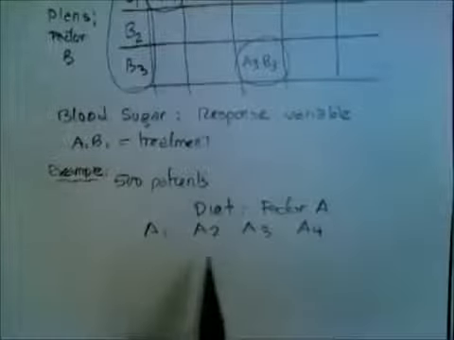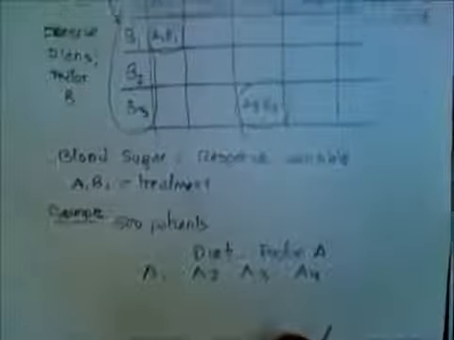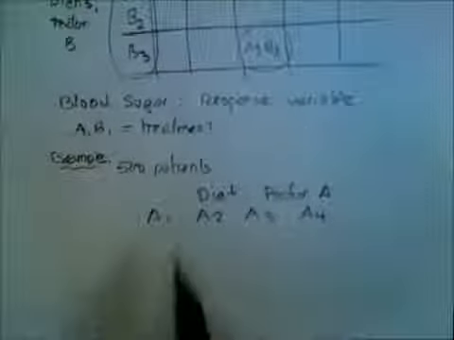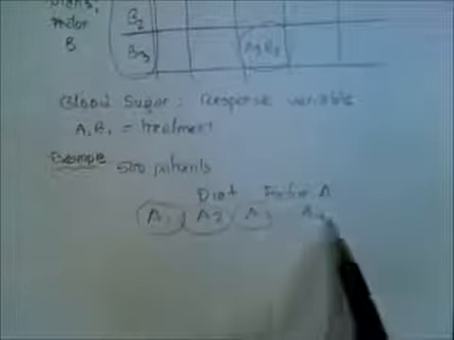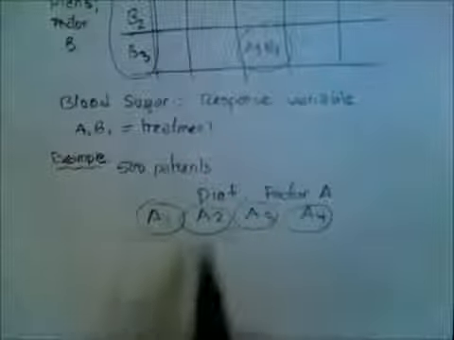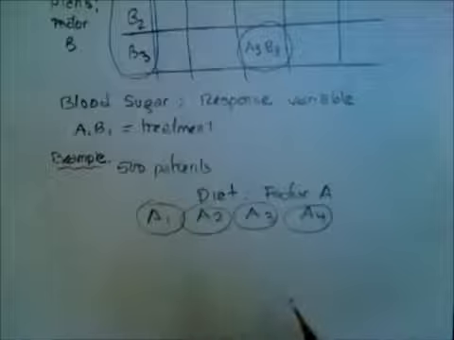So if we only have one factor, what are the treatments now? The treatments before were combinations of these factor levels with these factor levels, but now we have only one factor. So this is a treatment, this is another treatment, another treatment, and another treatment. So when you have only one factor, the treatments are simply the levels of the only factor that we have.